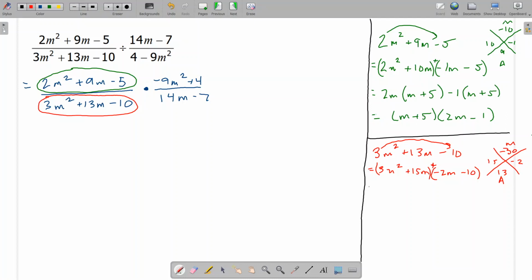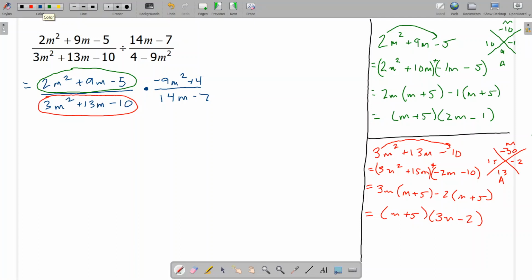So for the first group, the GCF is going to be a 3m, which leaves us with m plus 5. And the GCF of the second group is a -2, which leaves us again with m plus 5. So our factored form is m plus 5 times 3m minus 2. So let's go ahead and take these factored forms and substitute them back into our original expression here.